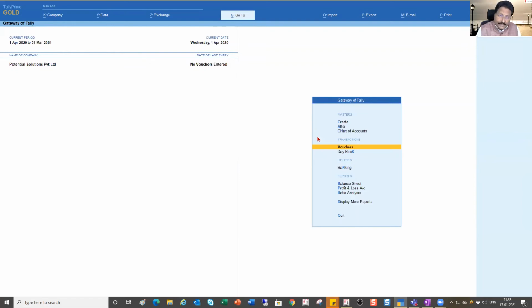In the next session, we will see what controls or intelligence Tally has brought into each of these voucher types, which is important for us to understand, so that the person who is going to do the data entry is confident that, as I used to mention in my earlier session, the basic or fundamental error is not going to be created, and Tally ensures that you are not going to make the basic or fundamental error. So a lot of intelligence built into each of the voucher types is what we will see in our next session.